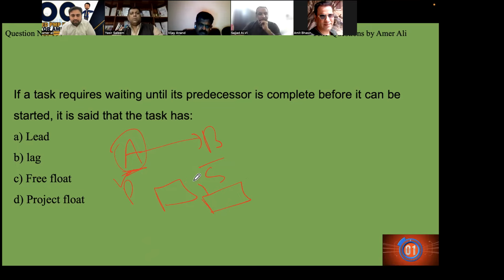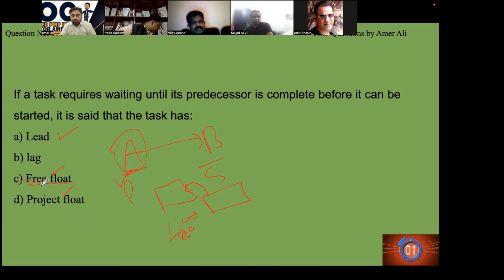If this activity starts before the completion of the other, that is called lead. If there's a delay, that is called lag. Free float is basically the amount by which an activity can be delayed without delaying the critical path.